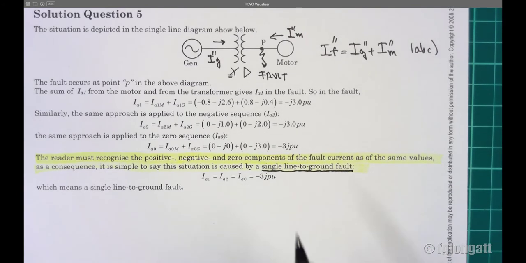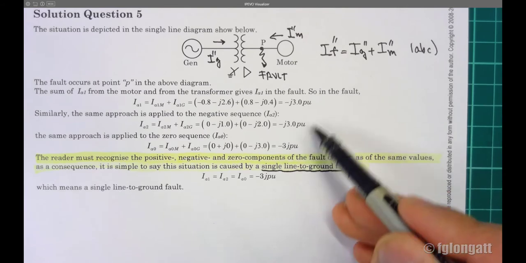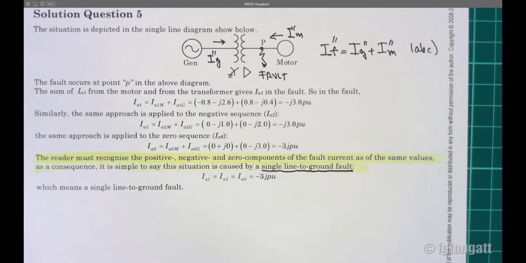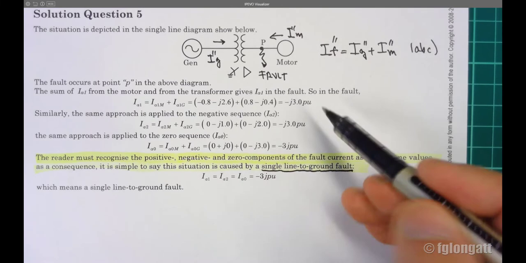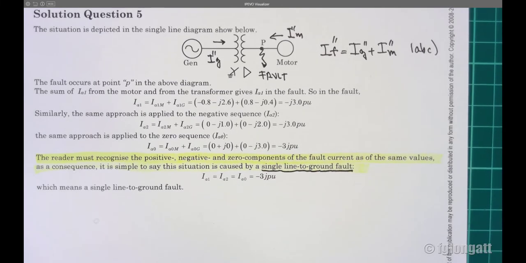Okay, what I'm telling you is that the numerical results that we got from calculating the positive, negative, and zero sequence allow me to conclude that this short circuit represents a single line ground fault, because you can see that the positive, negative, and zero sequence all have the same value. Okay.